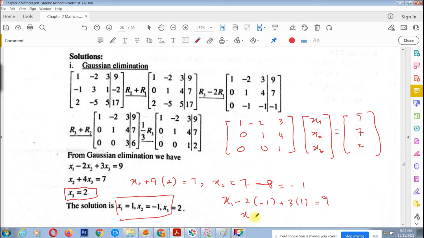So x1 plus 2 plus 6 equals 9, and x1 equals 9 minus 8.